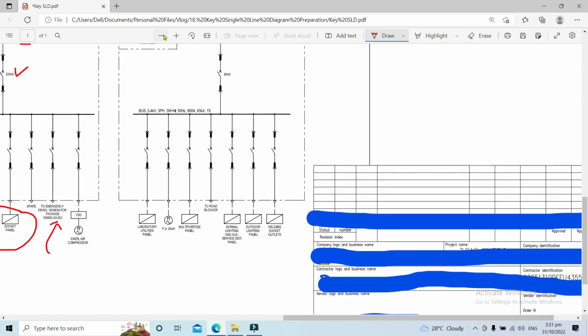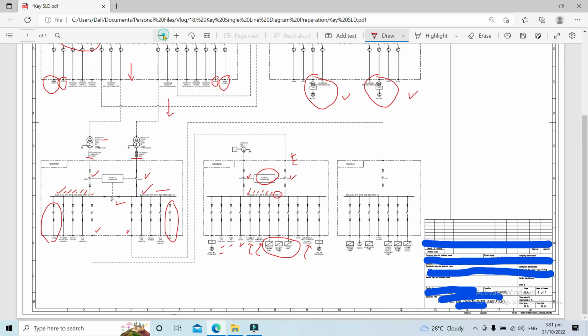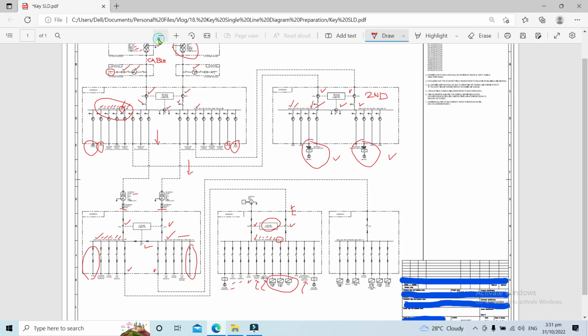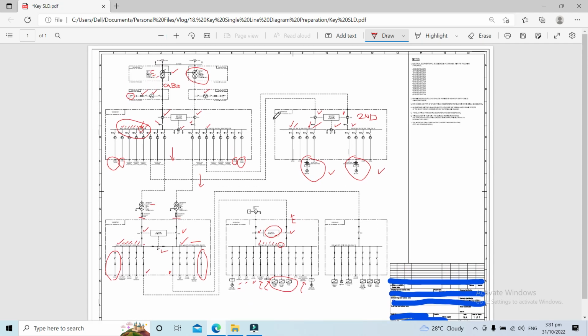So this is our complete key single line diagram. Probably in our next video we will be preparing a detailed single line diagram for each of these switchgear.